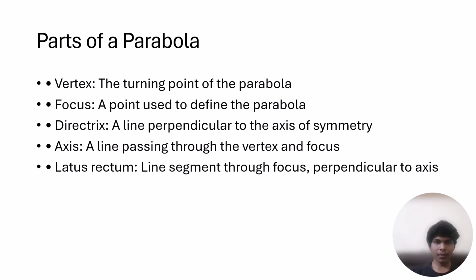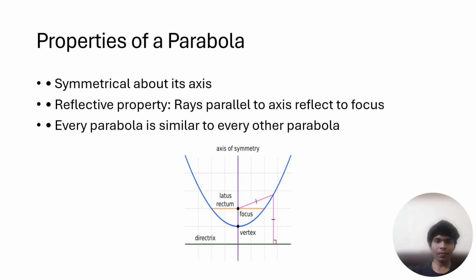As you can see, a parabola is an equation where we have a focus and other things. Properties of a parabola: a parabola is symmetric about its axis. Reflective property: rays parallel to the axis reflect to the focus. Every parabola is similar to every other parabola.